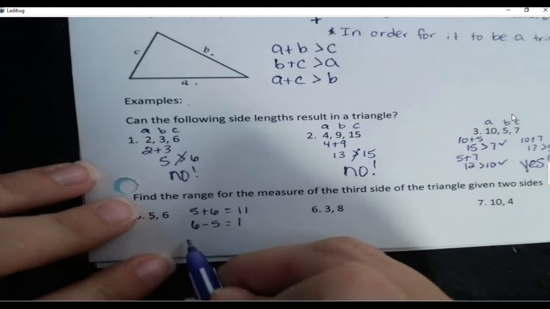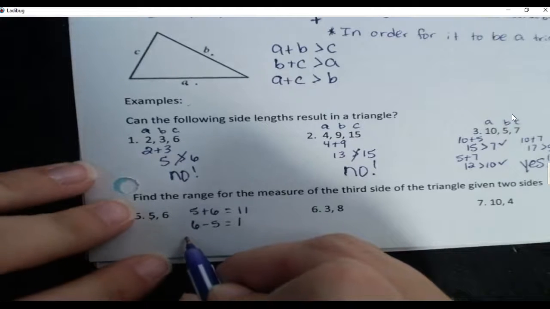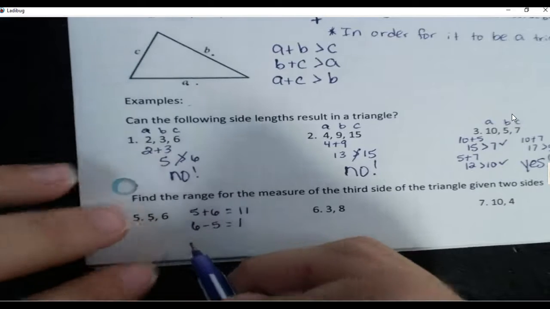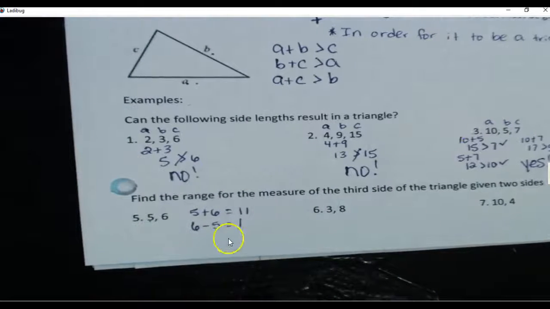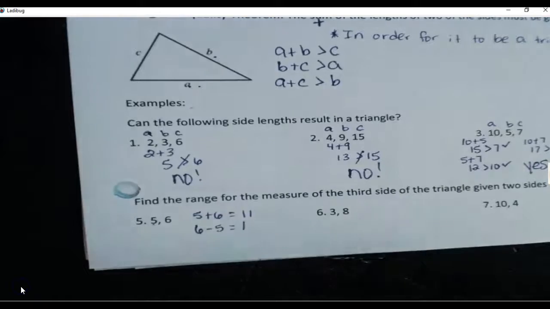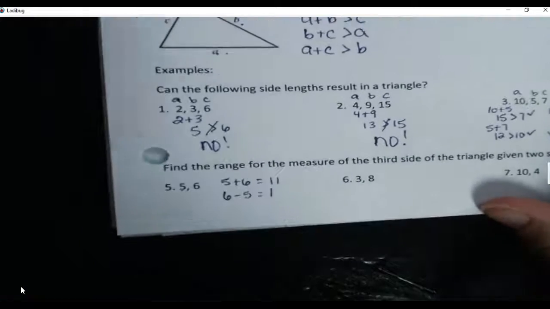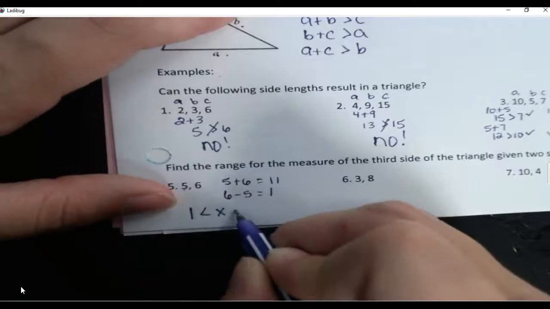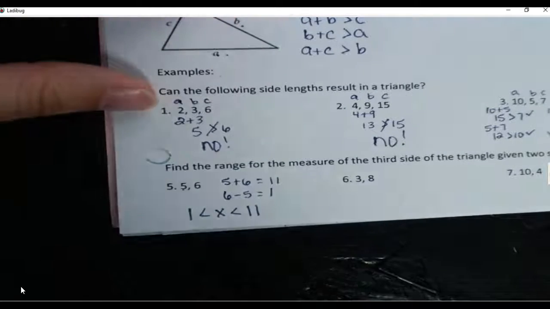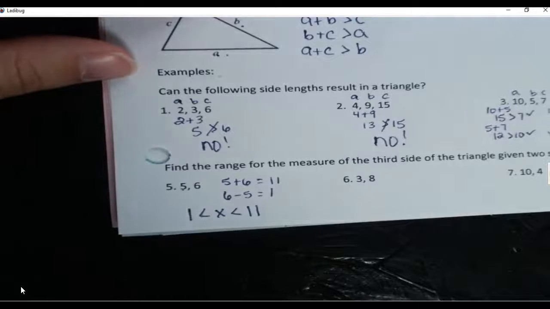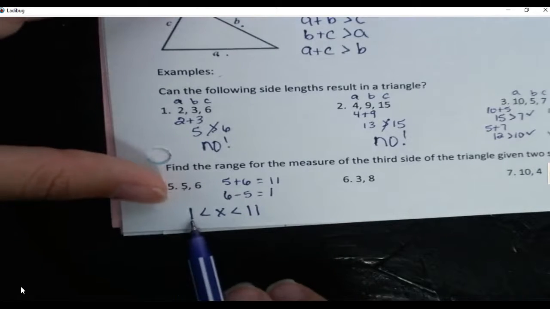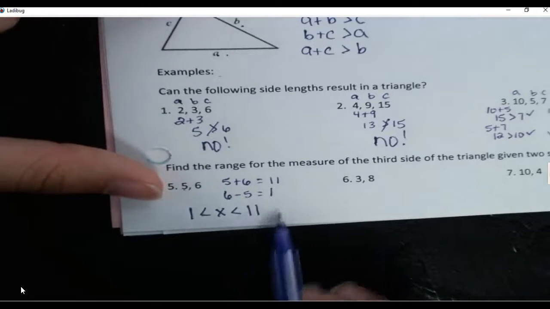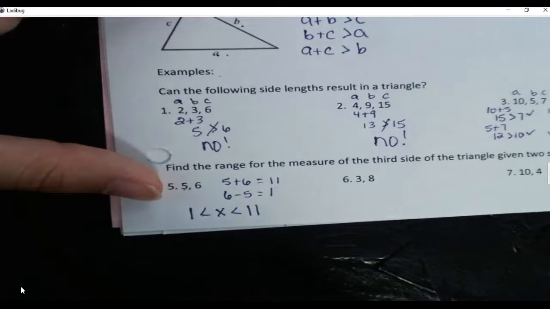So then we have to be greater than 1. Hold on. So we would say that our x has to be greater than 1 and less than 11. Okay, so that's how you write your range. Because anything that's less than 1 isn't going to work, or greater than 11.